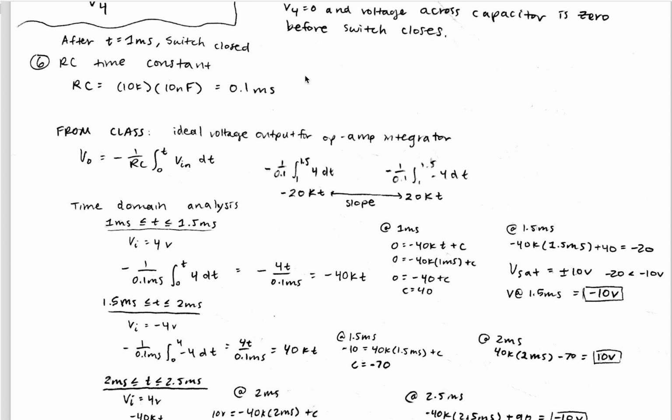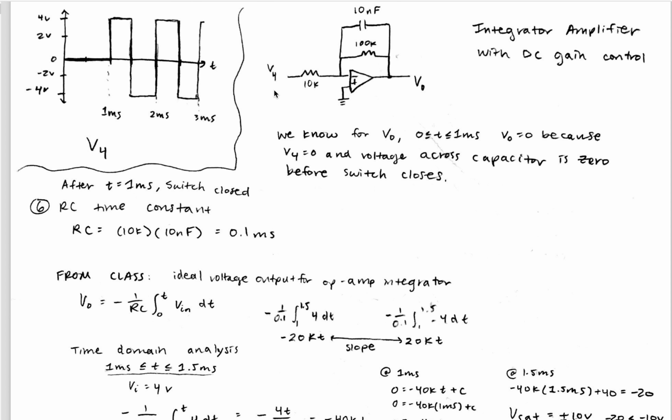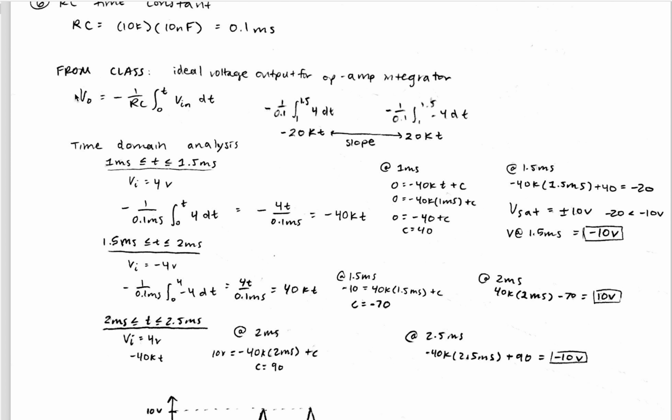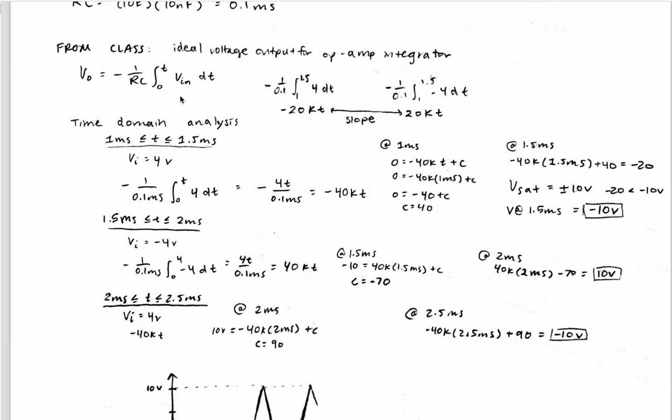In order to solve for this, we first need to find the RC time constant, which we take from 10 kiloohms and 10 nanofarads and multiply them together, and we get 0.1 milliseconds as the RC time constant. And then from class, we found this equation right here, which is the ideal voltage output for an op-amp integrator.